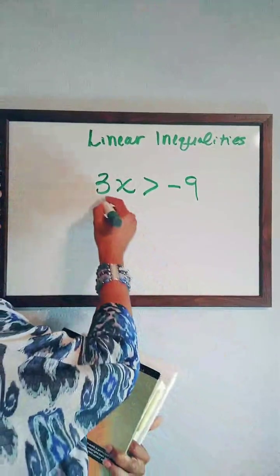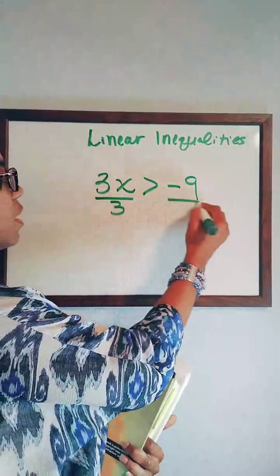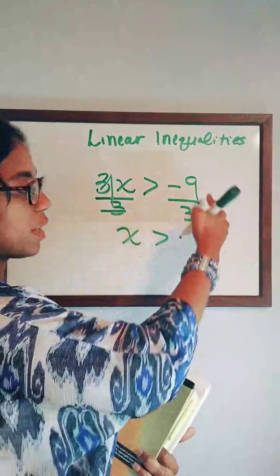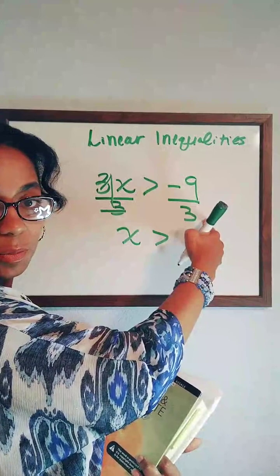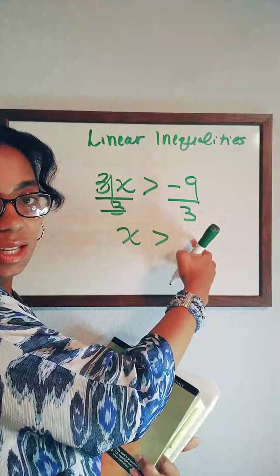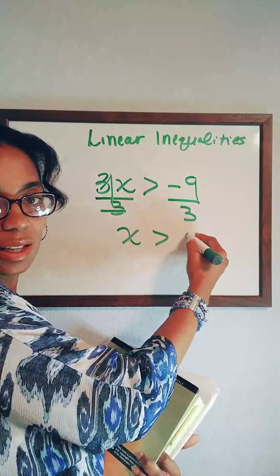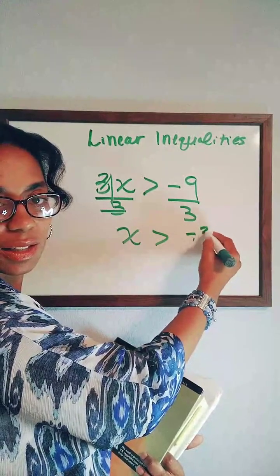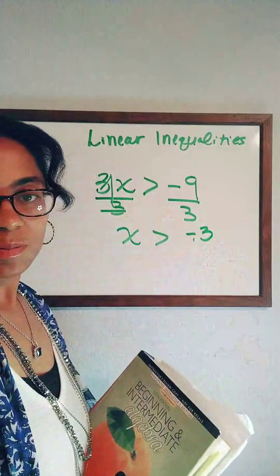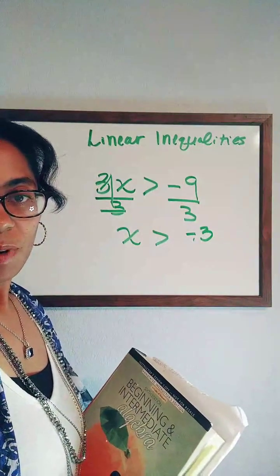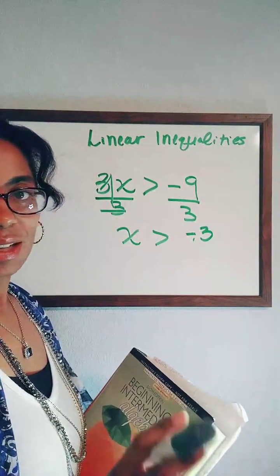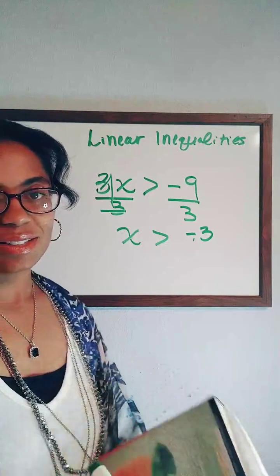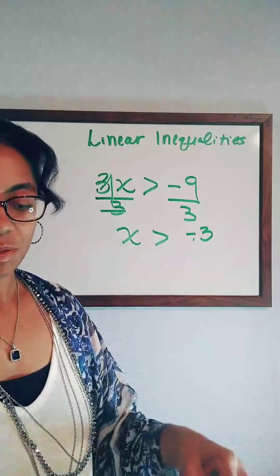We're still going to do our division by 3. This is going to simplify down to 1. And then x is greater than negative divided by a positive is a negative. Perfect. Very good. Y'all got this. Negative 3. Perfect.